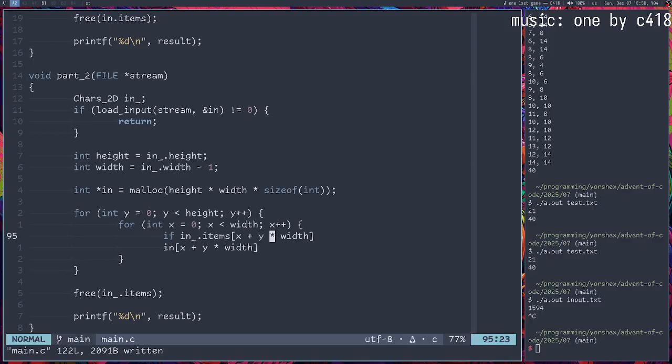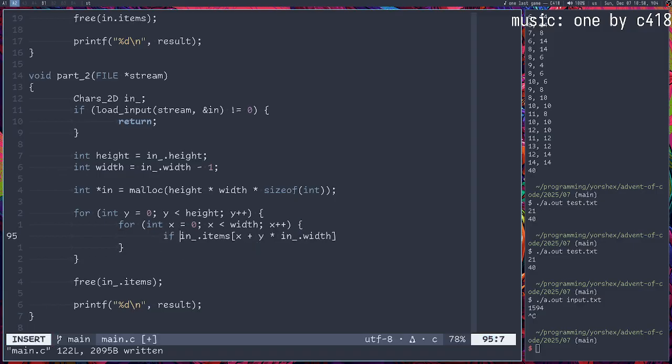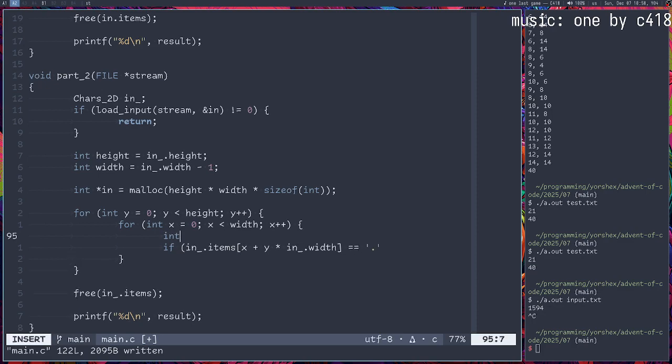Okay. So if it equals a dot, let's call this an OJ now. This could be a character. Let's just call it C.